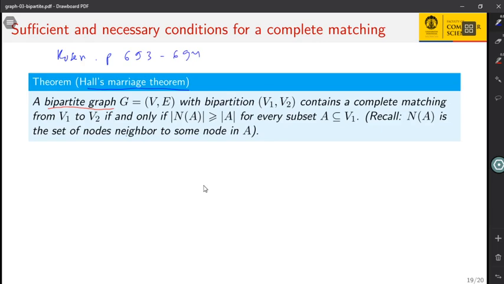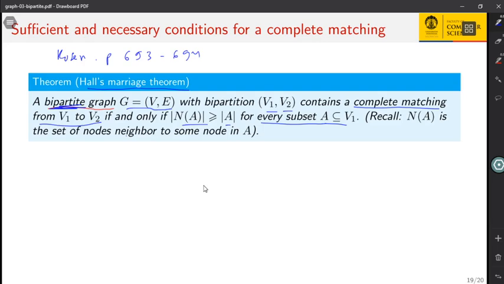So the theorem is stated as follows. If you have a bipartite graph G with bipartition phi1 and phi2, then this bipartite graph G will contain a complete matching from phi1 to phi2 if and only if for every subset of phi1, the size of its neighbor is greater than or equal to the size of that subset.